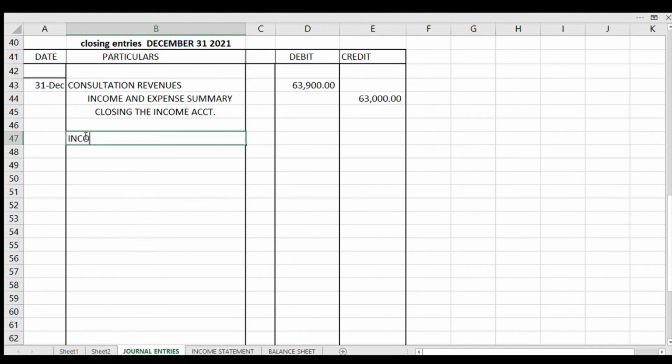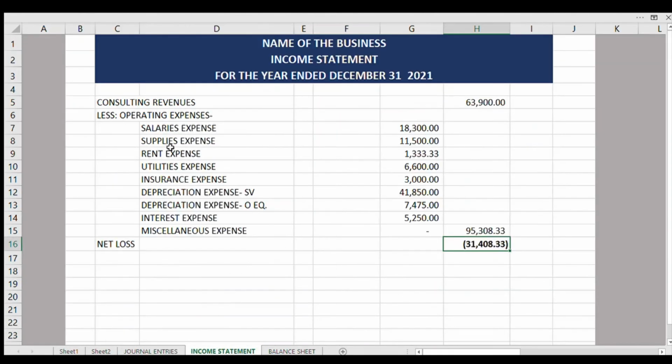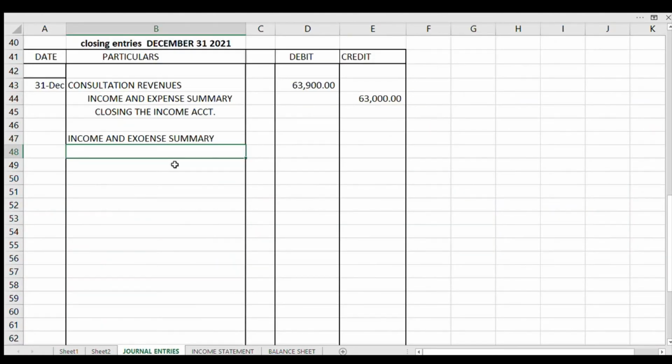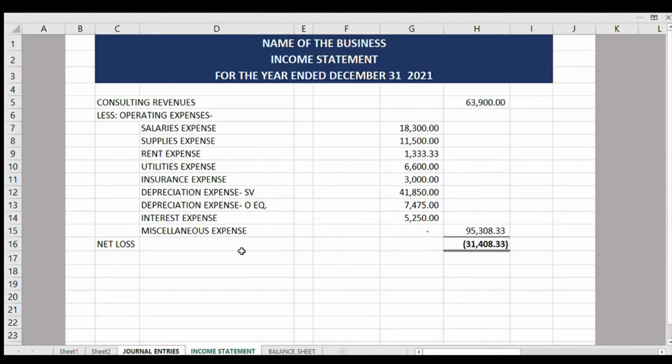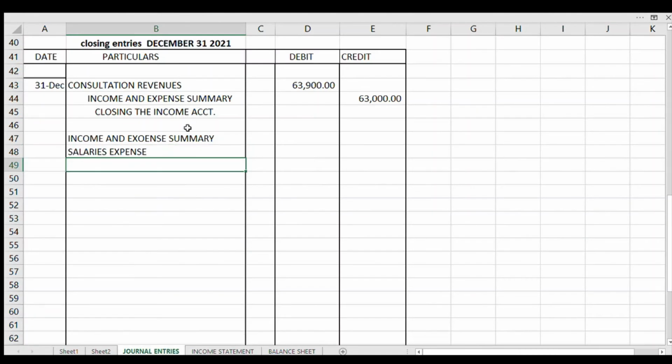Income and expense summary. And we will pick up all the debits from the income statement.